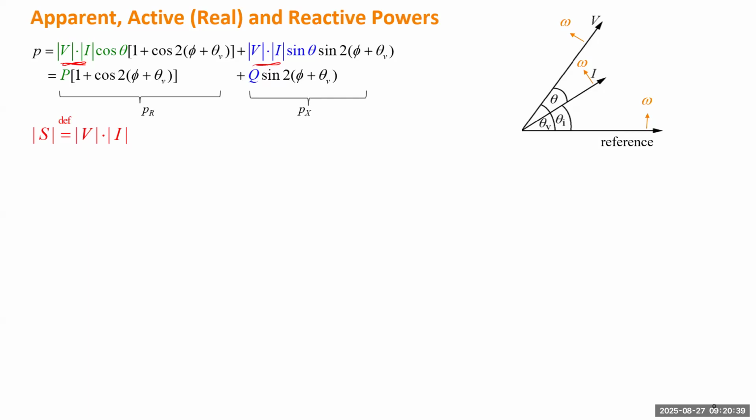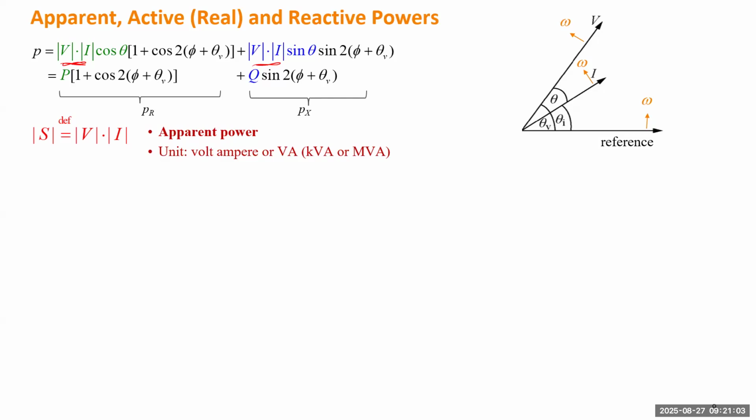When theta becomes zero, the first item will completely become apparent power. That could be the maximum power your load can consume from the source. It's apparent power, not really real power.